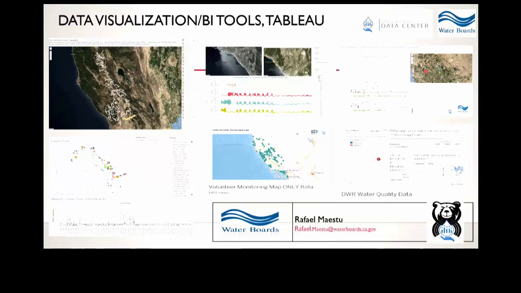Well, the tools that we have today allow us to close the cycle. We can do everything ourselves. We don't depend on other departments or divisions, at least at the water board, to build these visualizations.